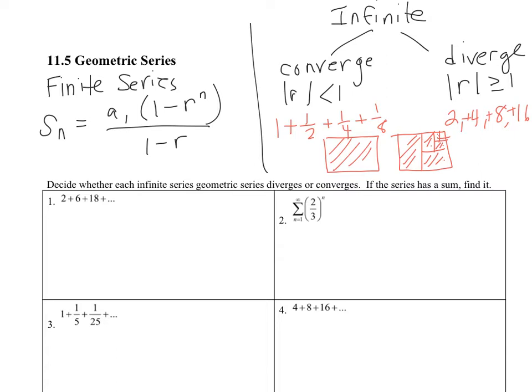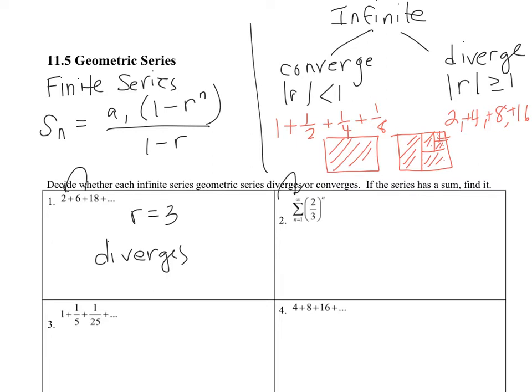So in this first part, figure out whether the series converges or diverges. What I'm just going to do is figure out what r is. So in this case, r is 3. That means it diverges because the absolute value of that is greater than 1. Now the second one, I can tell it's an infinite series because it has the infinity on the top.